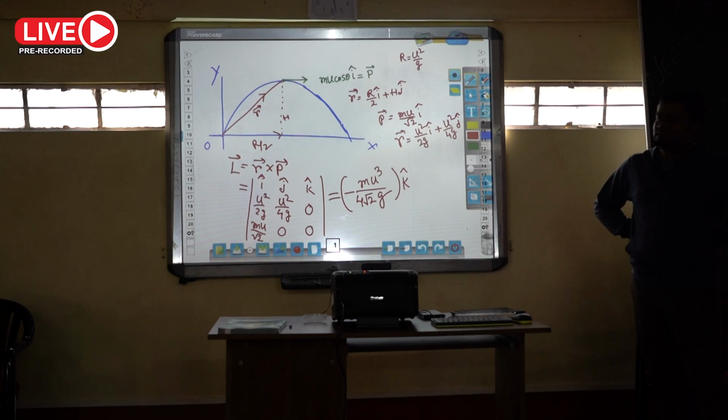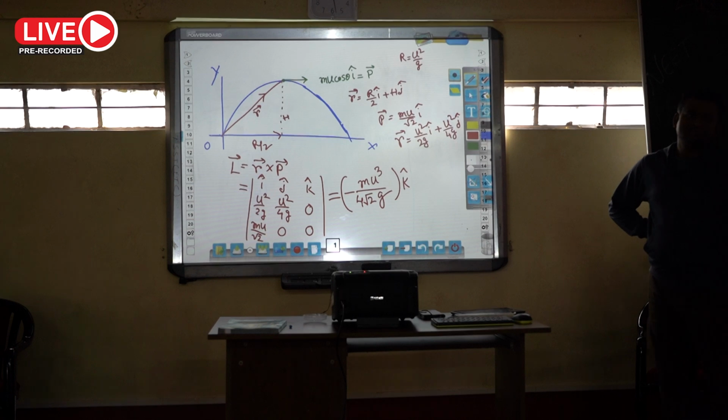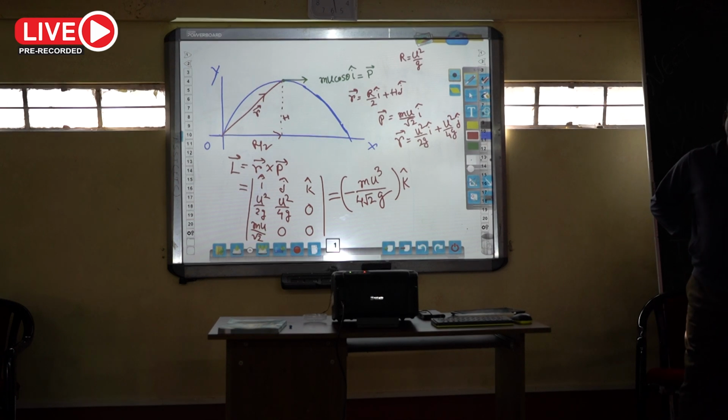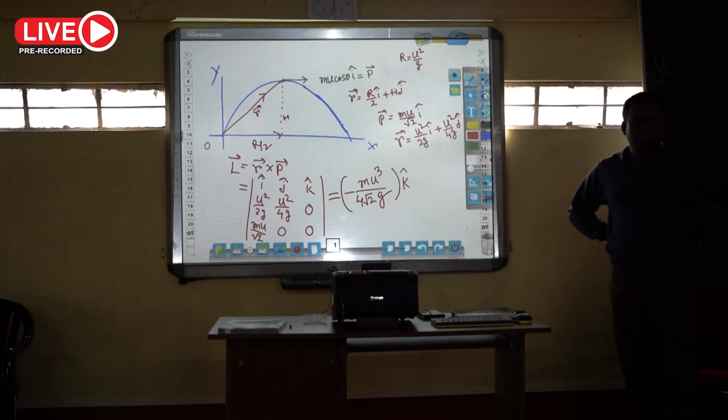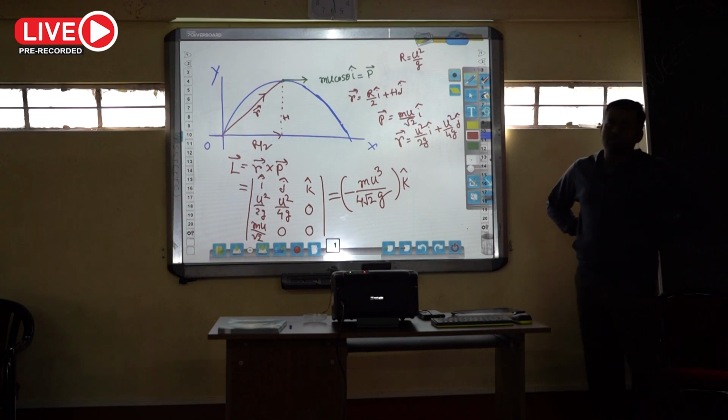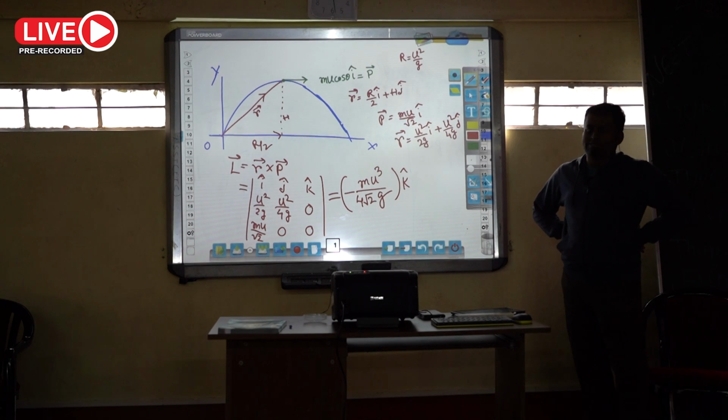So what is the magnitude? m u cube by 4 root 2 g. Because the coefficients of j cap and i cap will be 0, only the coefficient of k cap you have to calculate.